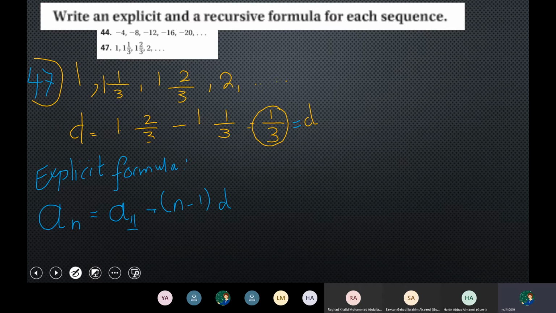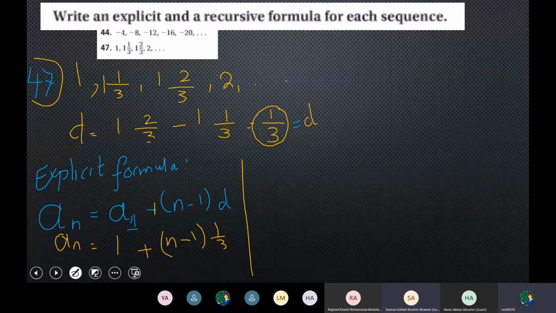Yes, Susan, let's continue. A sub 1 is 1, so it's 1 plus n minus 1 multiplied by 1 over 3, which is the difference. And then we can simplify this further if we distribute 1 over 3.